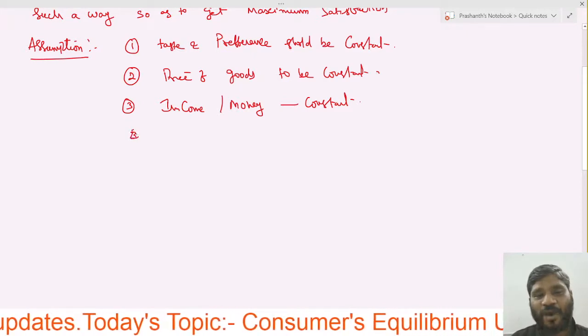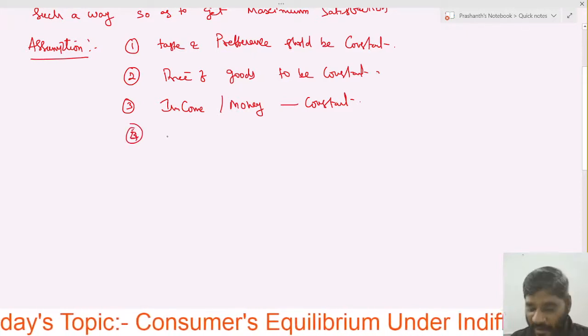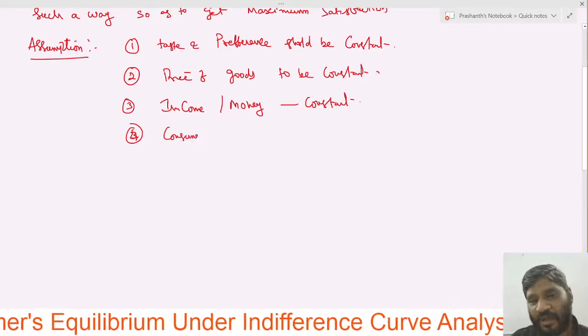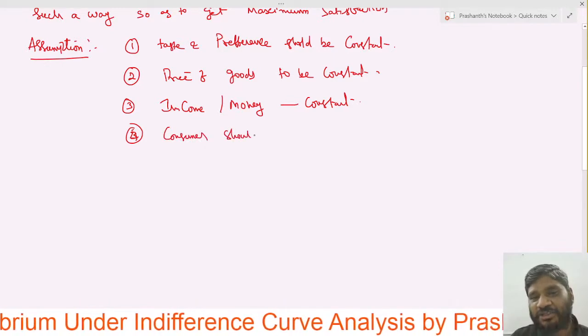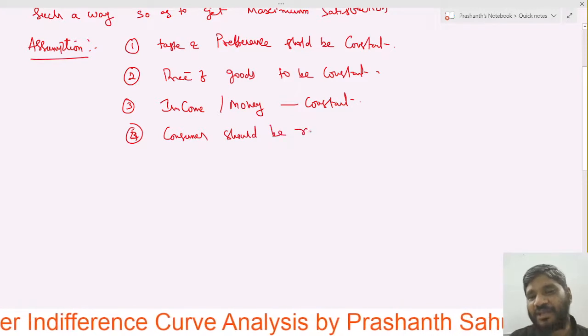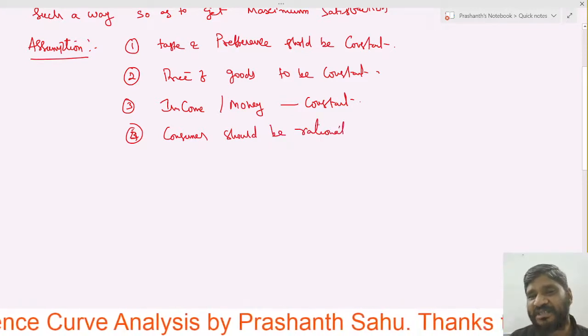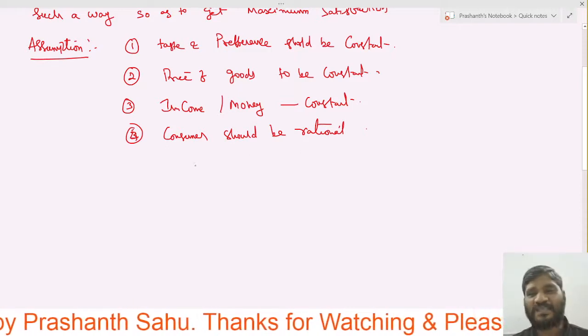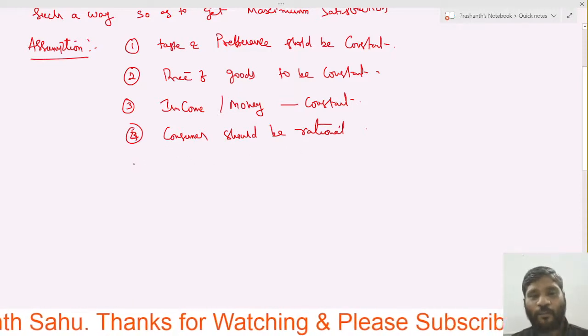Next, number 4, the consumer should be rational. Remember what rational is: with limited money, he wants to get maximum satisfaction with the help of two or more goods.